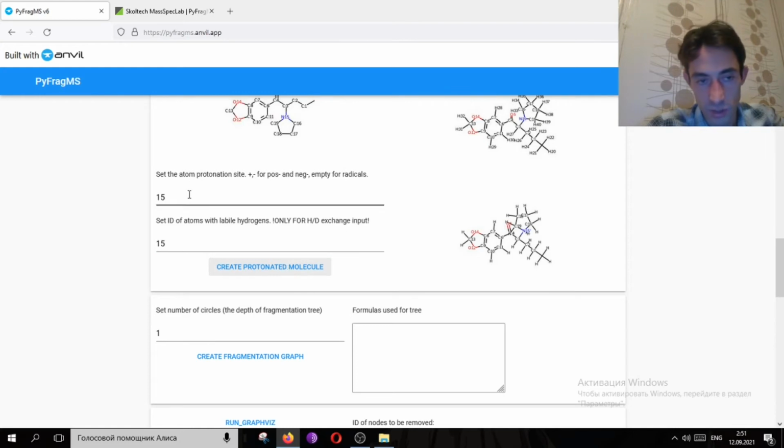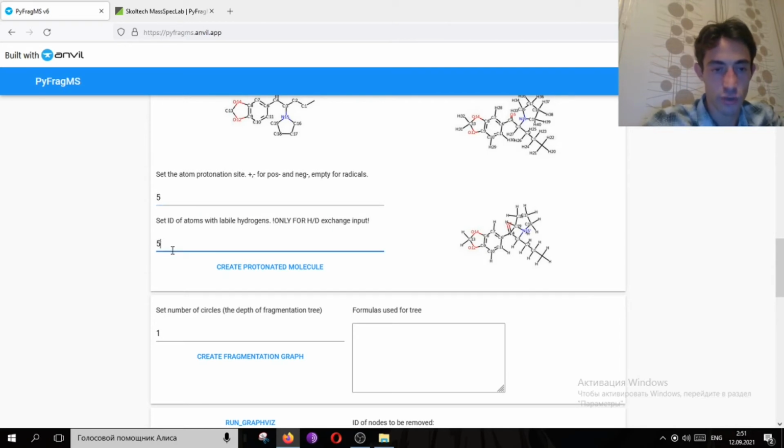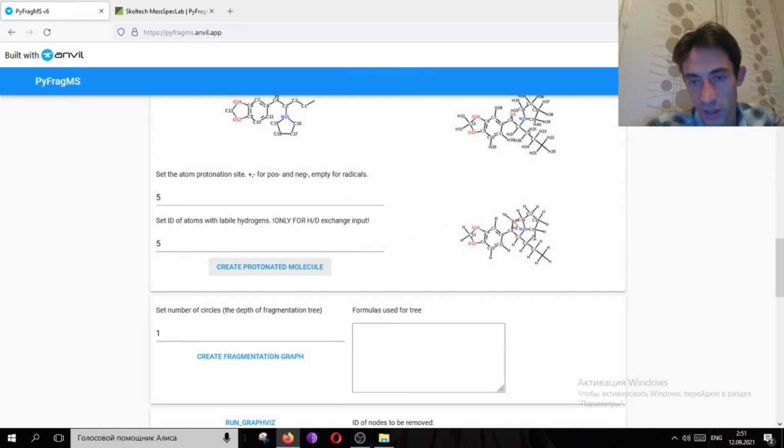Maybe it's not shown well, it's difficult to see. Yeah, here. Now, if you look here, you can see that the ionizing hydrogen, which was attached to oxygen with ID 5, is now deuterium.